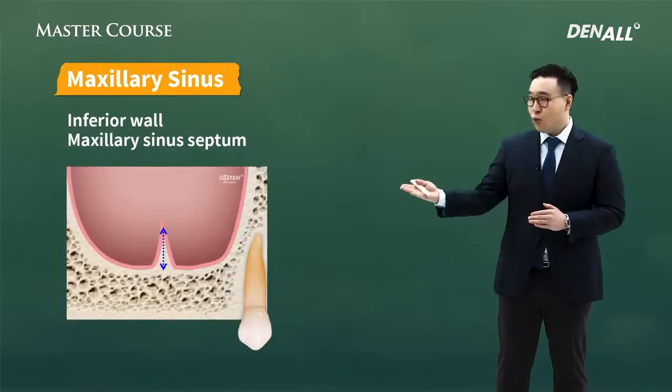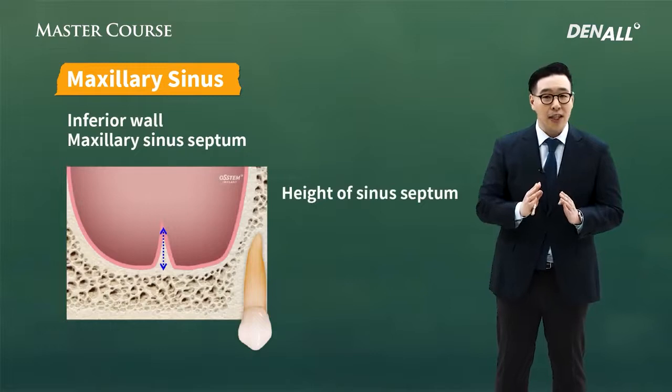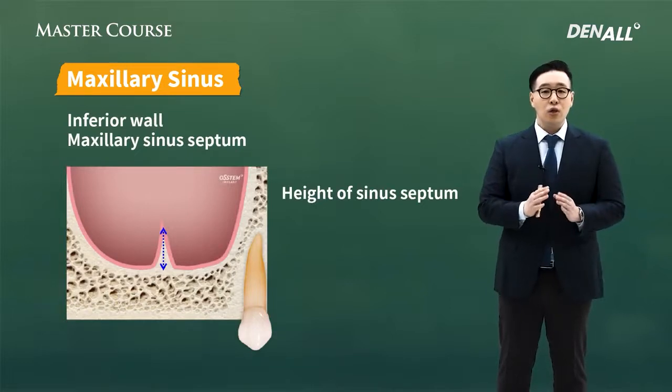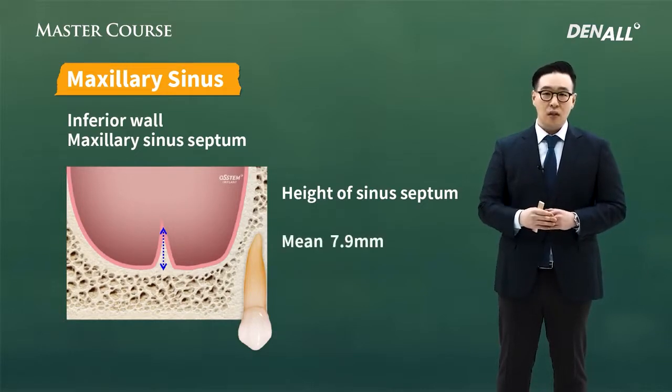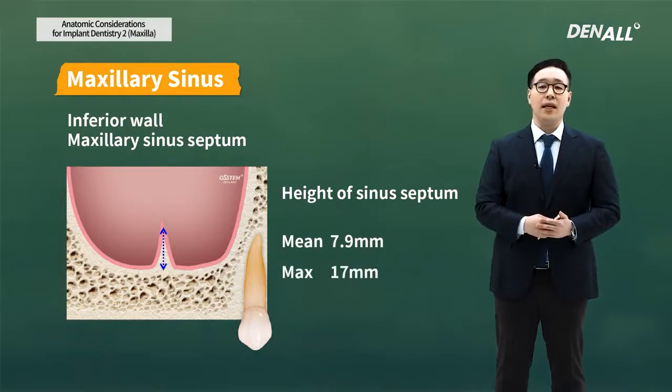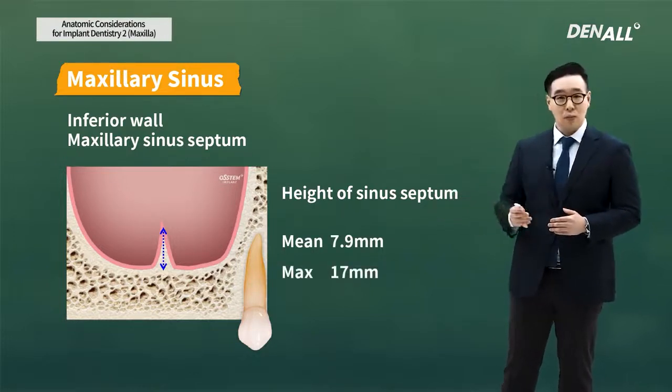In the inferior wall, you have the maxillary sinus septum, and this septum's mean height is 7.9, but it can be as high as 17 millimeters.